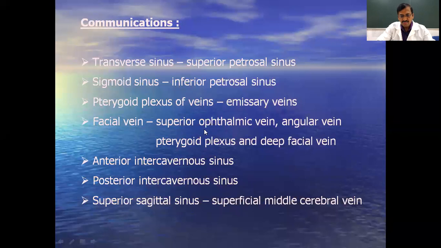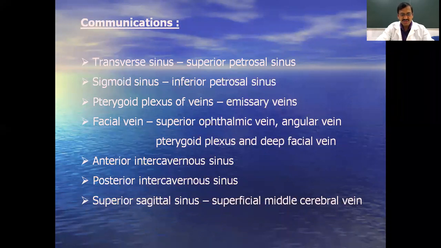That is why the lower part of the nose and upper lip, this area, is called the dangerous area of the face, because any infection here has more chances of spreading in the retrograde direction and may lead to the development of cavernous sinus venous thrombosis.